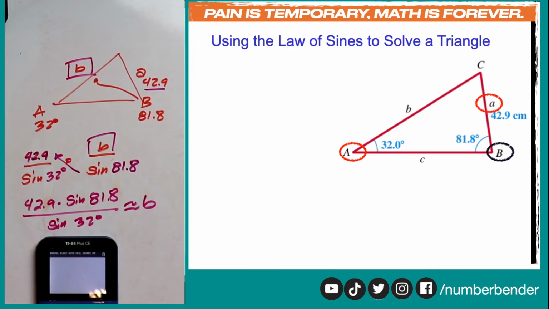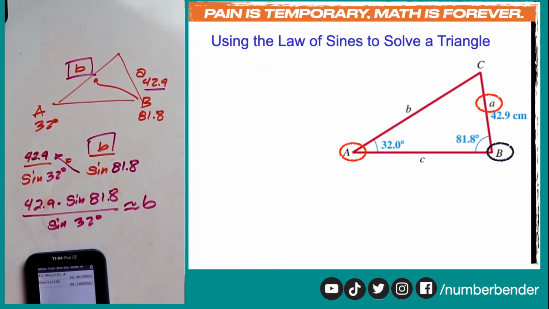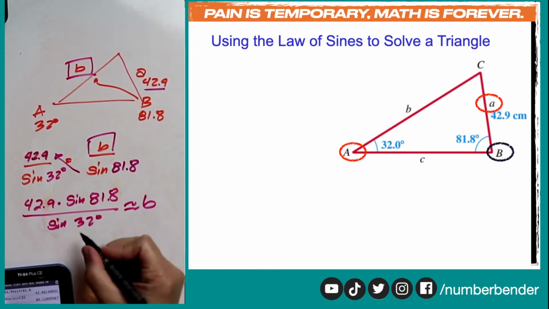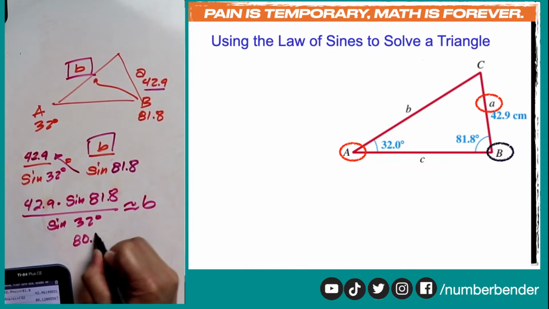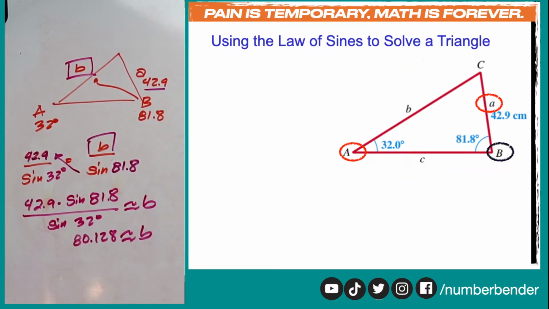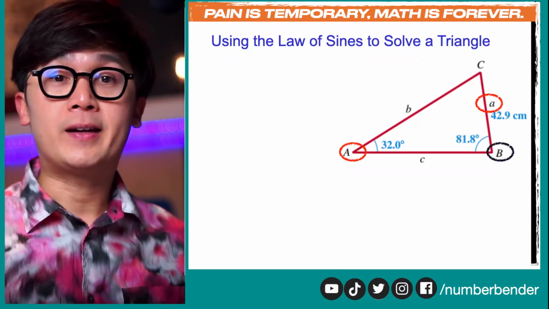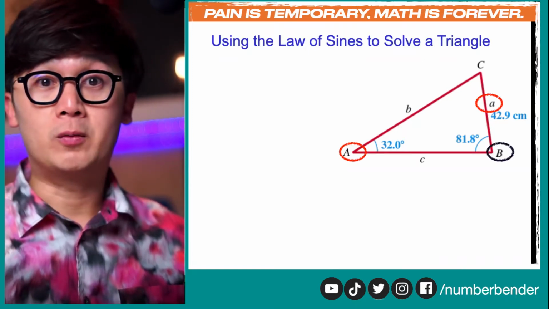All you need to do is type in 42.9 multiplied by sine 81.8, enter, and then divide this by sine 32 degrees, and I have 80.12805. Let me write it down: 80.128, which is the value of side b that we are calculating, and this is how we use the law of sines in finding the missing parts of our oblique triangle.